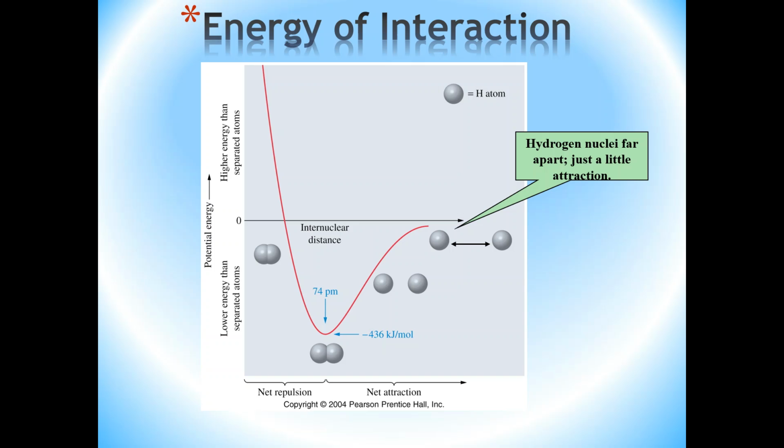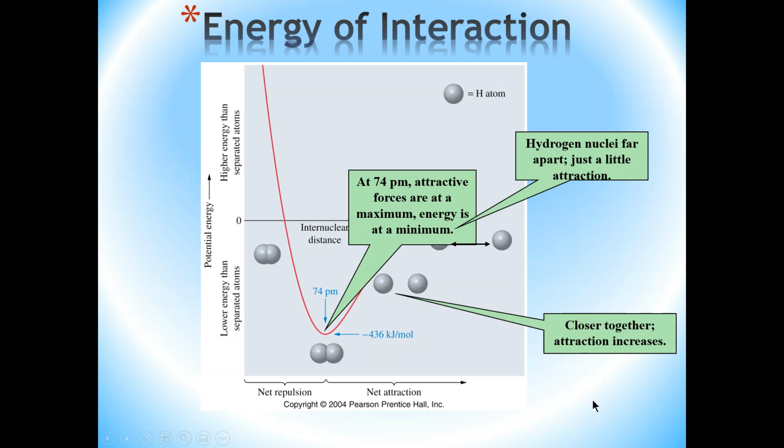Therefore, you won't have any attractive forces between the nucleus of one hydrogen atom and the electrons of the other, so there's very little attraction between those particles. But as they come together more closely, the attraction increases, because the electrons from one atom come closer to the nucleus of the other atom, until you get to a stable situation where the molecule is at an energy minimum.